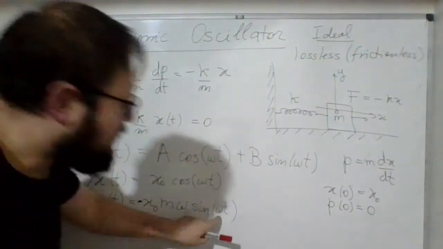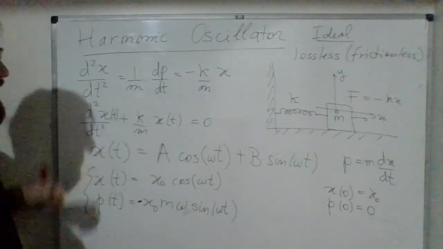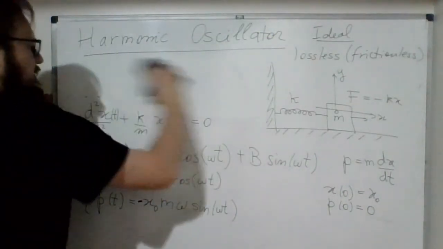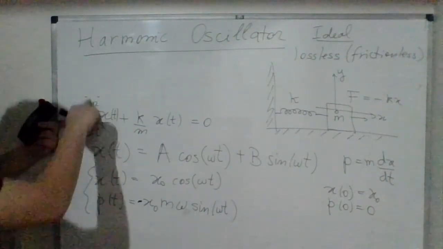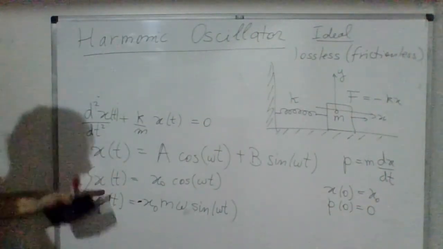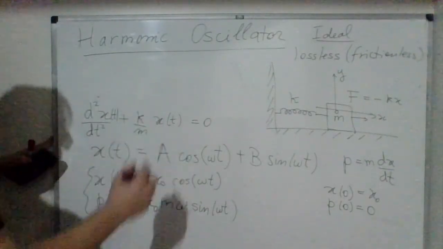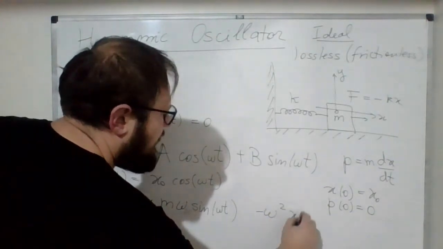All right. But what is this frequency here? If you insert the solution into the equation, you can just differentiate this function twice to insert it here, and you'll find out that differentiating this function twice will get you minus omega squared x of t.